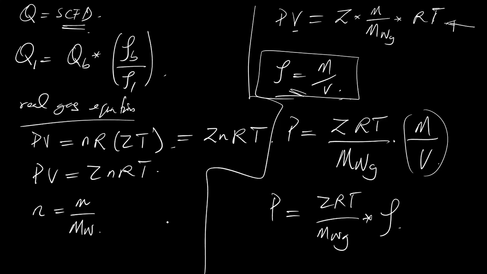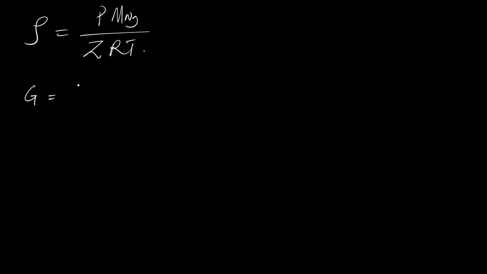It now implies that density is equal to pressure times the molecular weight of gas divided by ZRT. Now we also know that gas gravity is equal to the molecular weight of the gas divided by the molecular weight of air. The molecular weight of air is equal to 29.